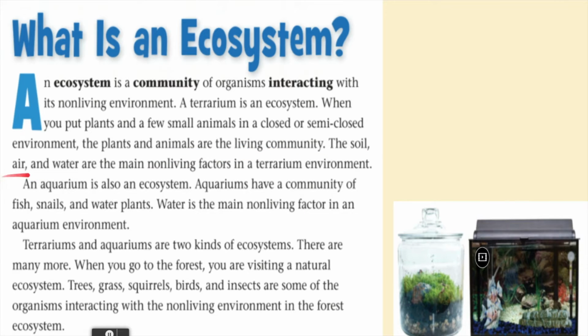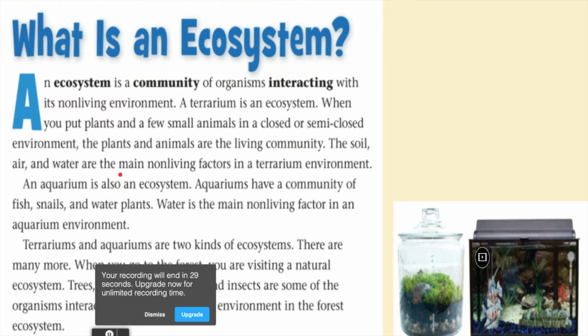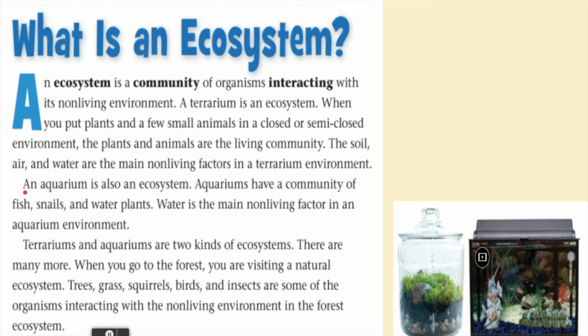The soil, air, and water are the main non-living factors in the terrarium environment. An aquarium is also an ecosystem. Aquariums have communities of fish, snails, and water plants. Water is the main non-living factor in an aquarium environment.